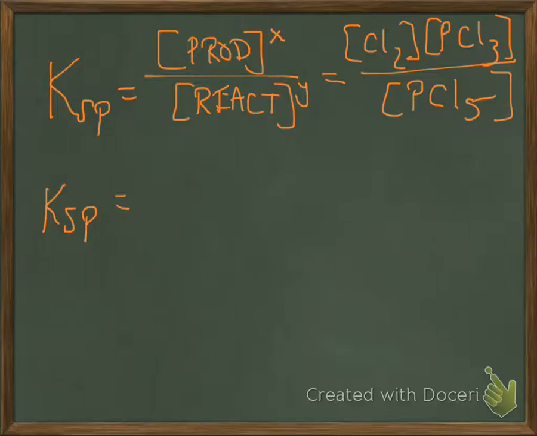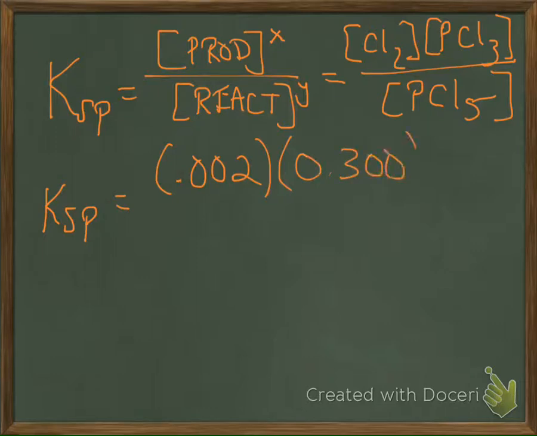So for Cl2, that was 0.002. For PCl3, that was 0.300. And for PCl5, it is 0.0067.